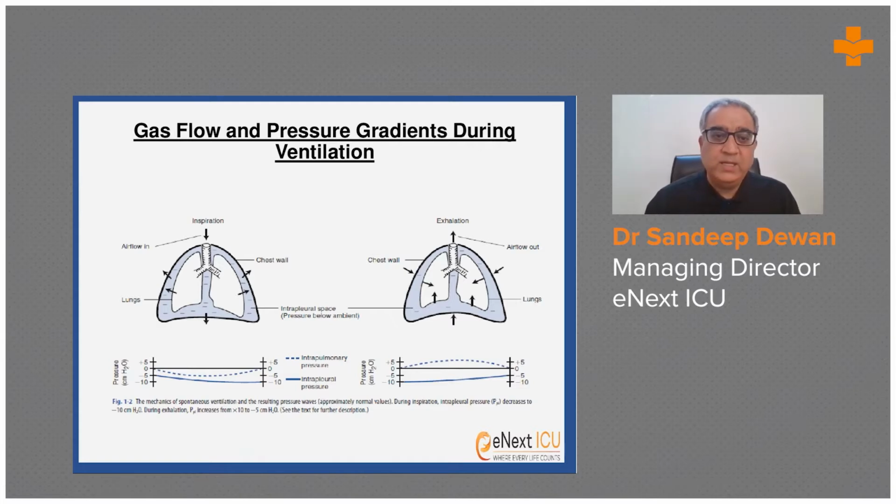What happens when we expire? We all know exhalation is a passive process. The chest wall goes back, there is a rise in the pressure inside the thorax, and the gas moves out. This is what we call physiological respiration, the normal way of respiration.